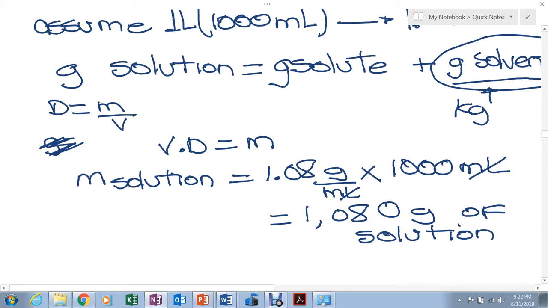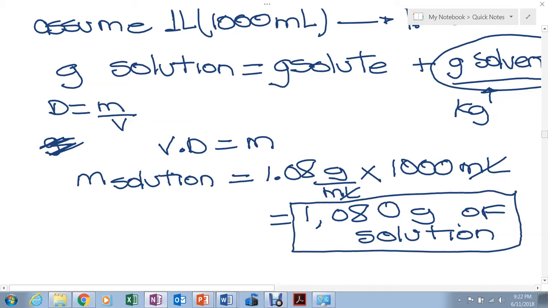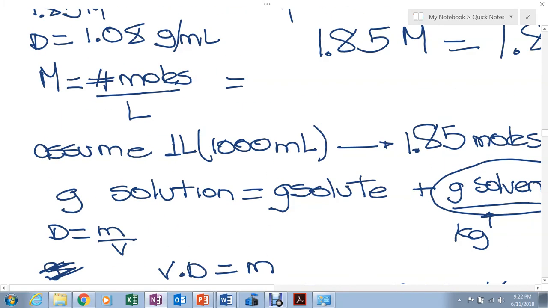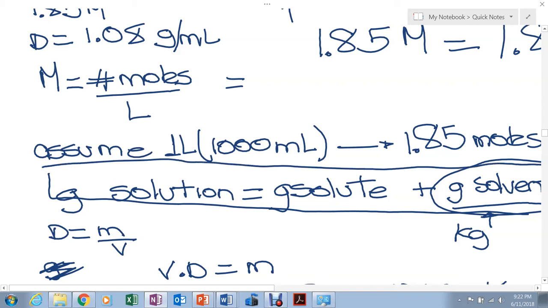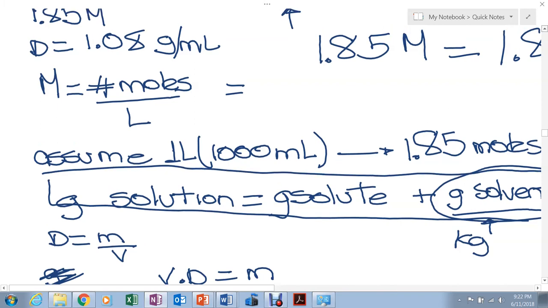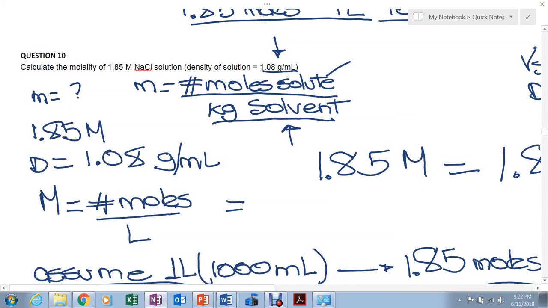Now, remember, we got the moles, but we need the kilograms of solvent or the grams of solvent. To calculate it, we have to use this formula I was telling you about. So what will we need? We need the grams of solute. Can we get it? Yes, of course. You got the moles of solute. Remember, we got 1.85 molar in 1 liter.